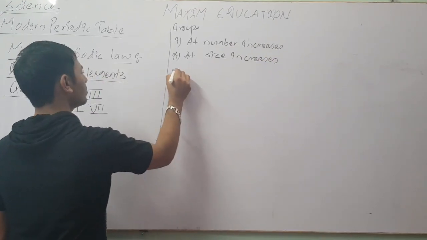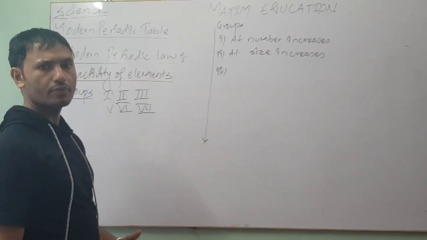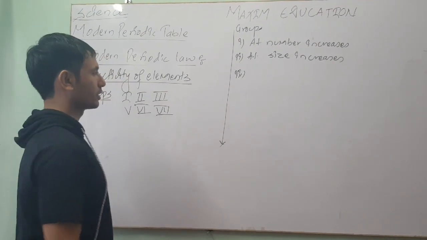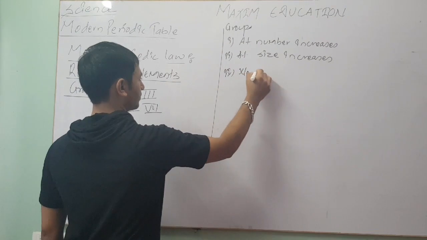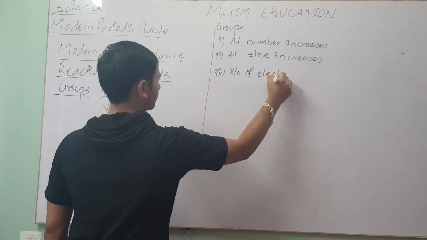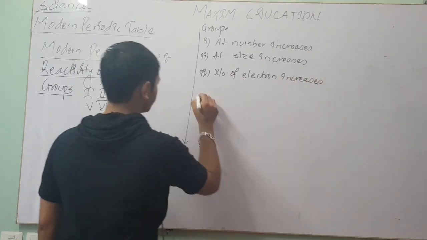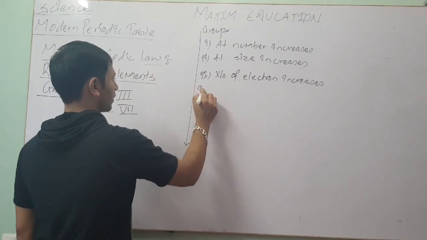When atomic size increases, obviously the number of electrons increases.